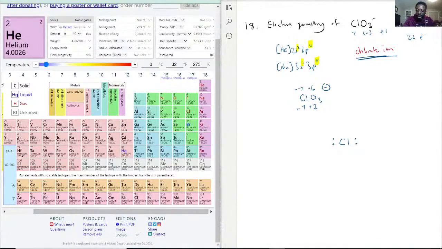We have 3 oxygens. Now let's fill out the lone pairs. Oxygen, because it's sharing 1 electron right now, still needs 6 more: 2, 3, 4, 5, 6. Same thing, 2, 3, 4, 5, 6. Well, actually, I'm going to put that down here. 2, 3, 4, 5, 6.